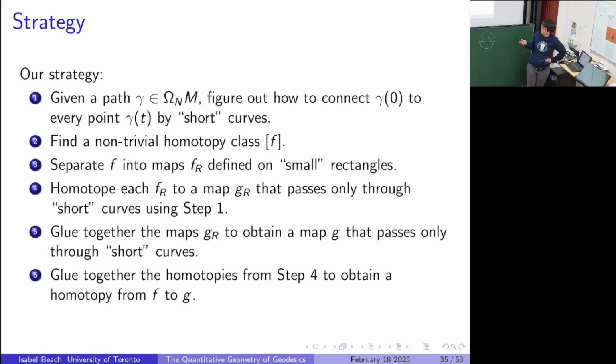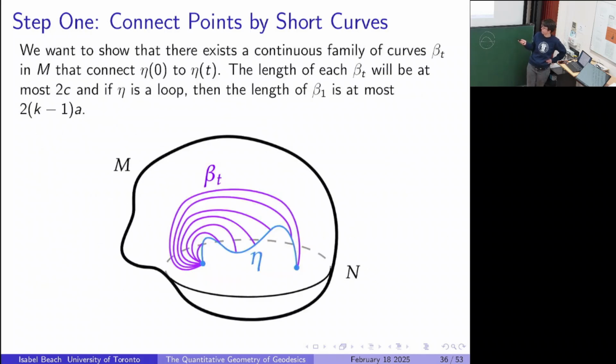And then we can glue these maps on these little rectangles back into a map from the original sphere to get a map that passes only through short curves. And then we can glue together the homotopies on each tiny rectangle to obtain a homotopy from the map to G. So that's a lot of words to say that we're just trying to find a representative of our class that only passes through short curves, and we're going to use this lemma to do so.